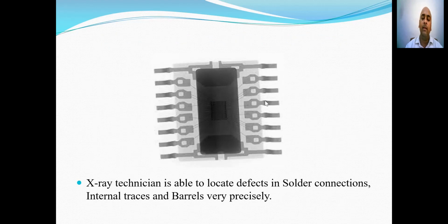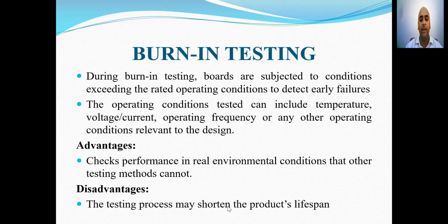So, any loose connection or any insufficient solder can be inspected from this diagram. The X-ray technician is able to locate defects in solder connections, internal traces, and barrels very precisely.